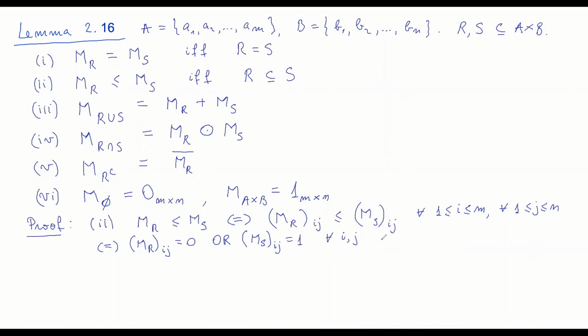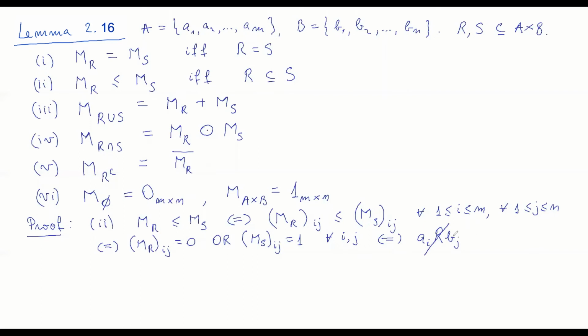And so this is equivalent now with saying, look, since you have 0 on this position, by the way we have defined these Boolean matrices, it means that Ai and Bj are not in relation R. And the fact that they are not in relation R, I'm going to indicate by crossing out R with an oblique line.